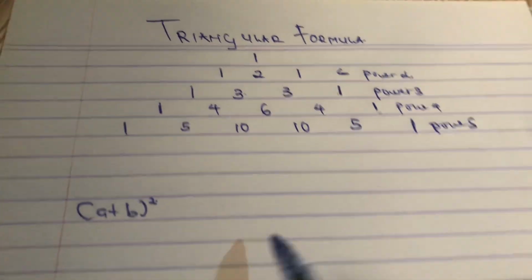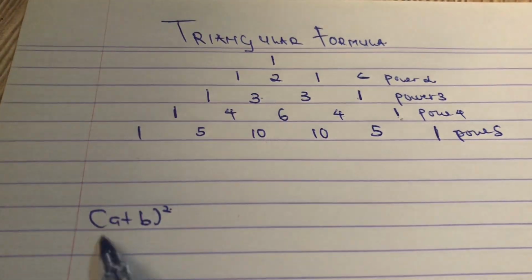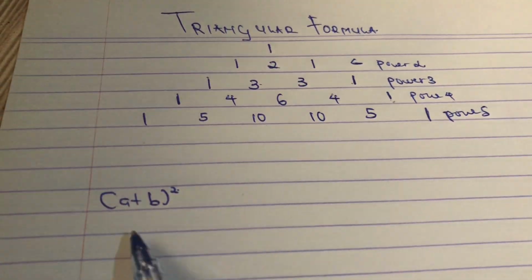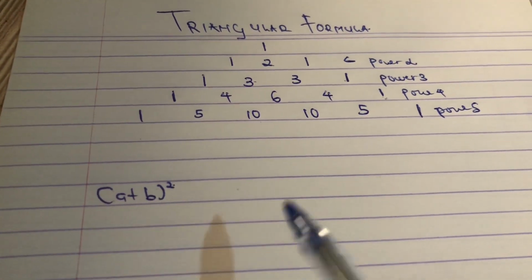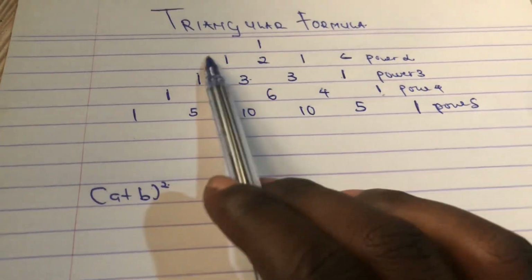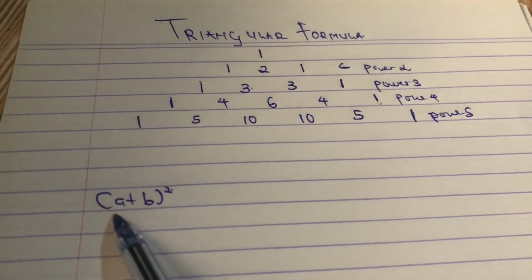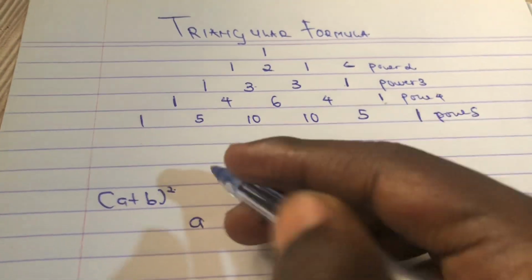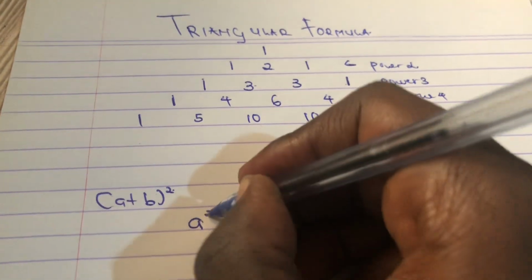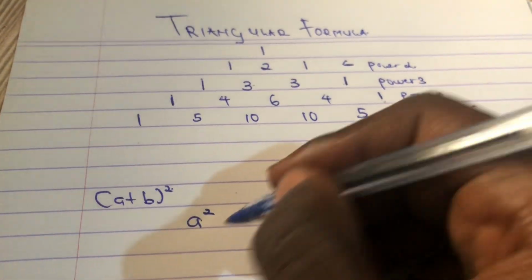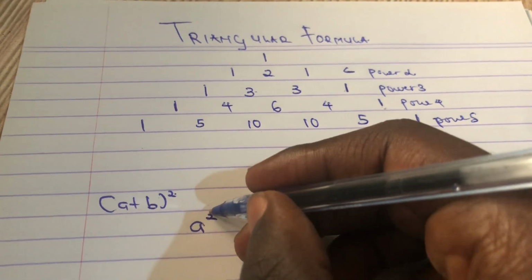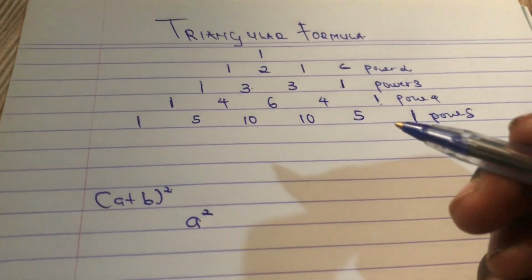So let's see how we can actually use the triangular formula to expand this. If we say (a + b) squared, how do you expand this using this formula? You start where there is 1, you put a, so that will be a to the highest power, which is 2. Are you together? When we go to the next one, as the power of a is losing, the power of b is gaining.